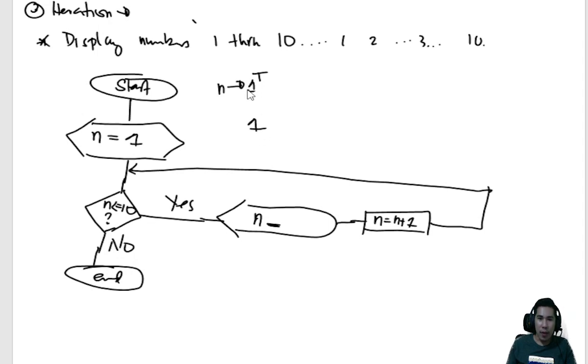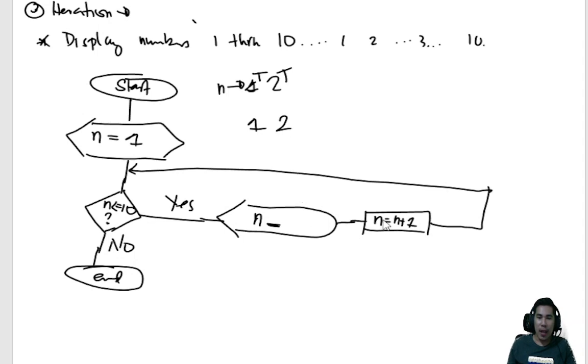Okay, so now the process is going to be executed, which is n is equal to n plus 1. So from there, the value of n is 1, it increments by 1, it becomes 2 now. So once it is 2, it goes back to our loop. So the next decision is going to be read, which is saying 2 is less than or equal to 10. So since it's true, therefore, yes, display the value of n, which is 2.